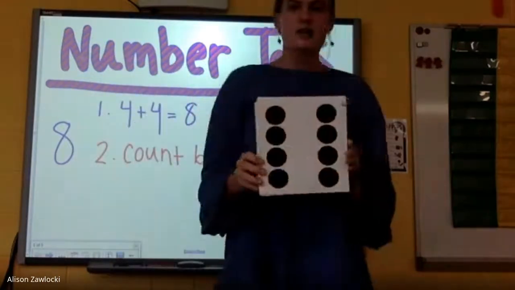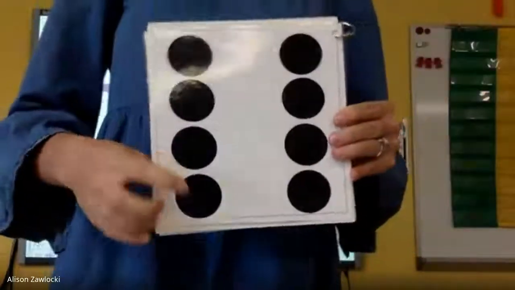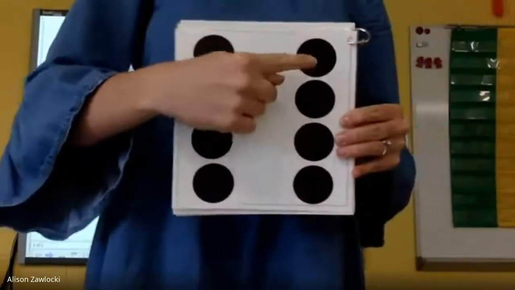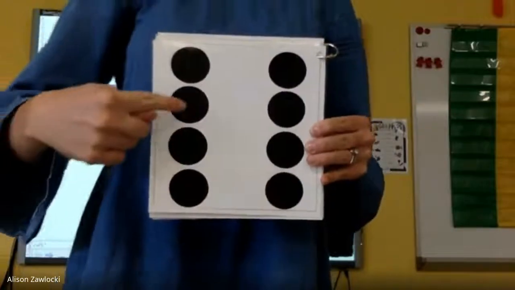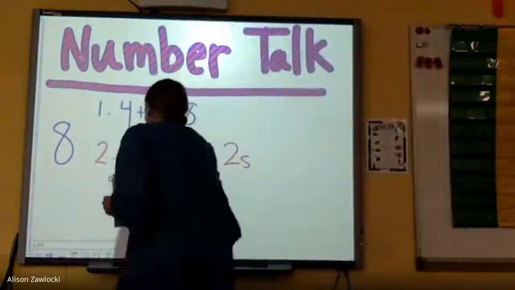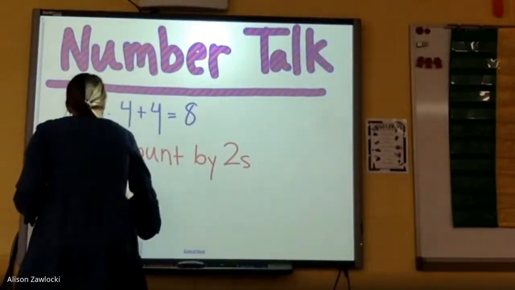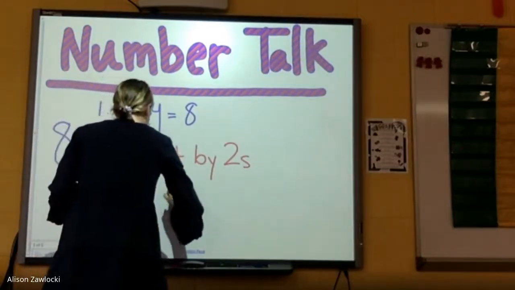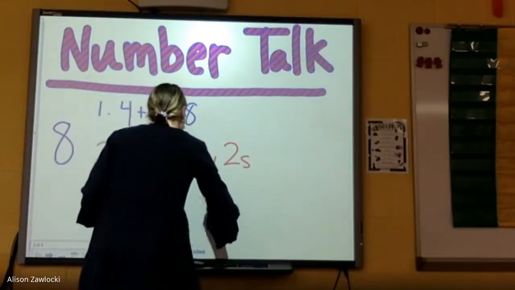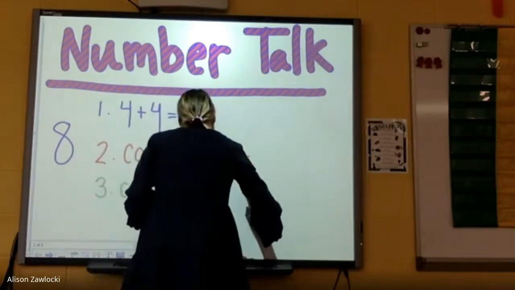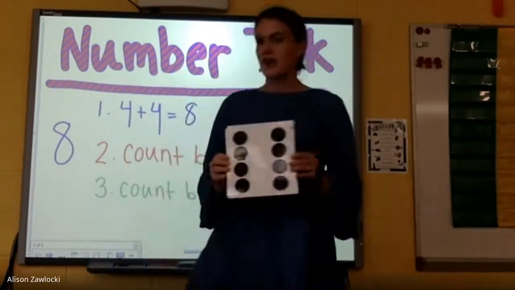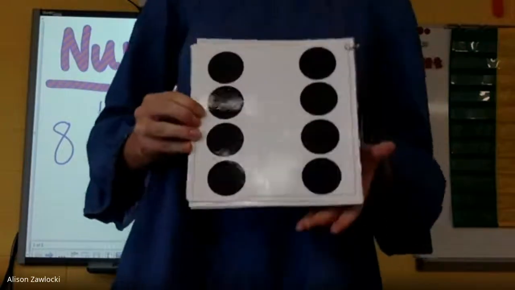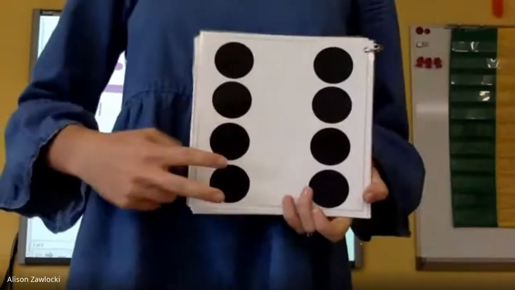Now, the next thing I thought, the one I always think of automatically, is I think count by 1s. So I went 1, 2, 3, 4, 5, 6, 7, 8. Count by 1s. And the third and final way I thought to do this problem is I saw 4 groups of 2.